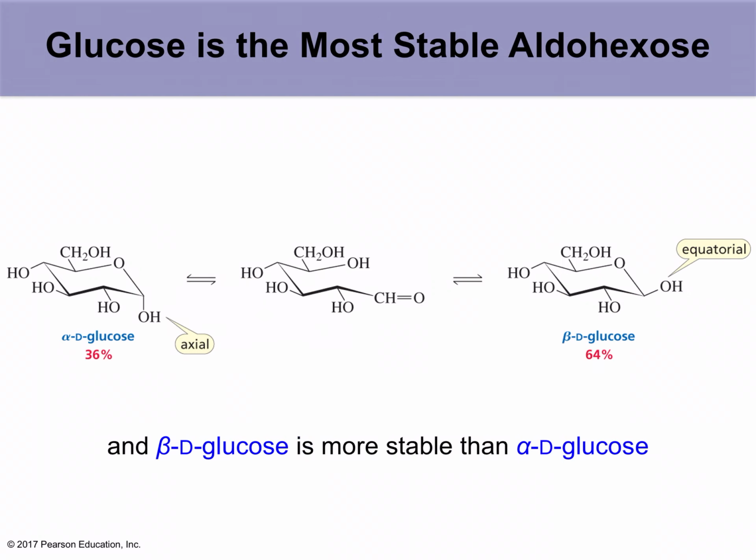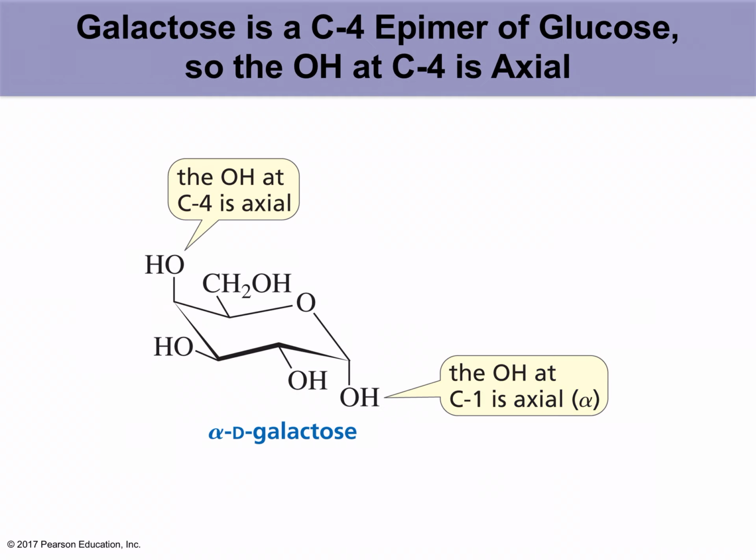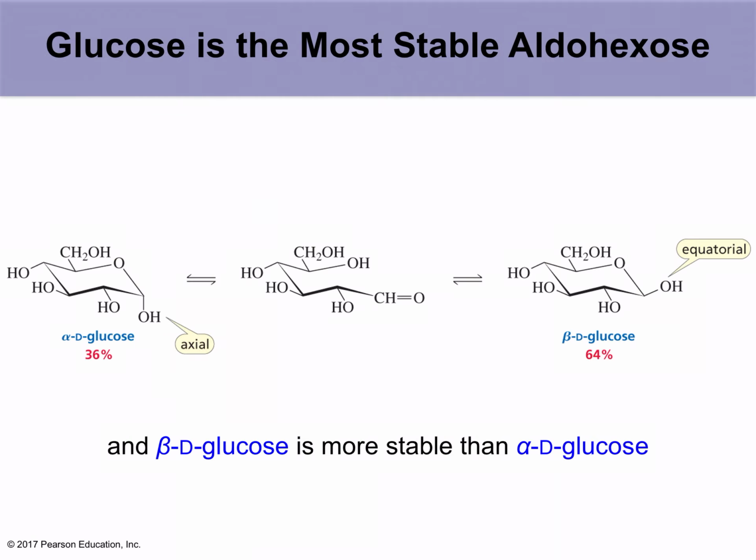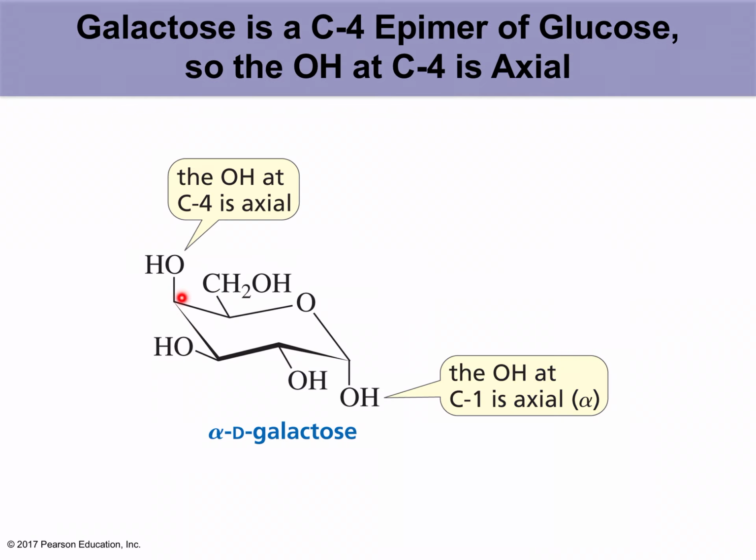Now comparing glucose to another sugar, galactose. If you remember, galactose is a C4 epimer of glucose, meaning at carbon 4 the OH group is facing down in glucose, and in galactose it would be facing up. So here you have a hydroxyl group facing up, and also here you have the OH at carbon 1 axial alpha group.